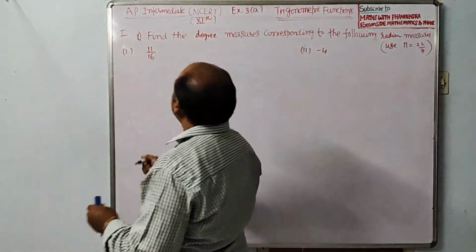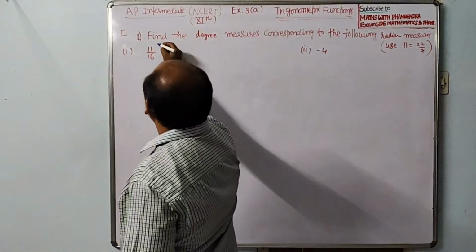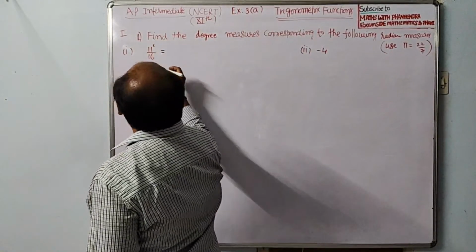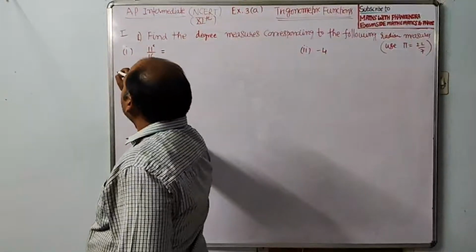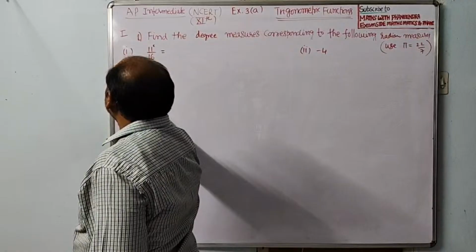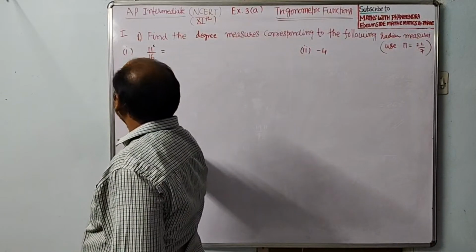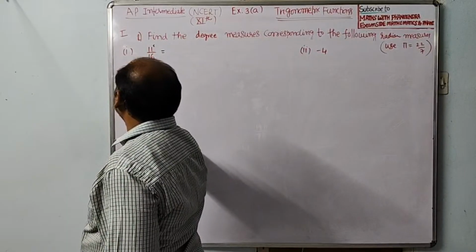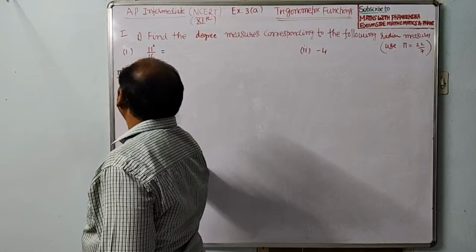See, first what we have to do is find the degrees for these radians. These are radians. So we have already done the concepts. Pi radian equal to 180 degrees. So 1 radian equal to 180 degrees divided by pi.